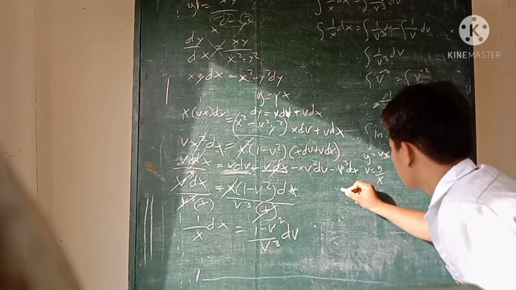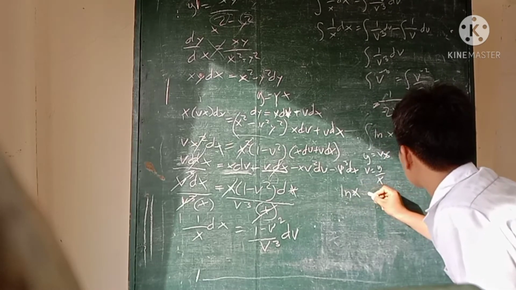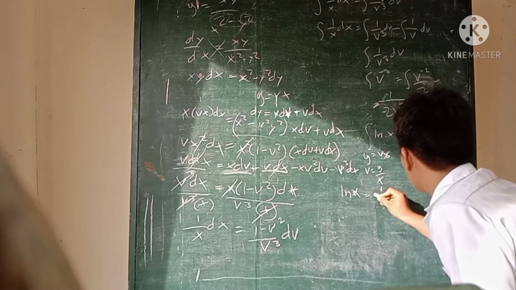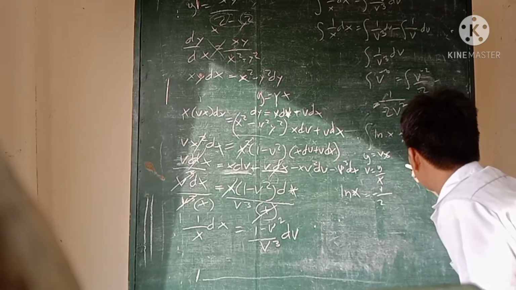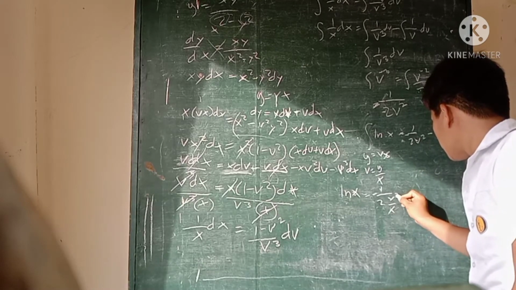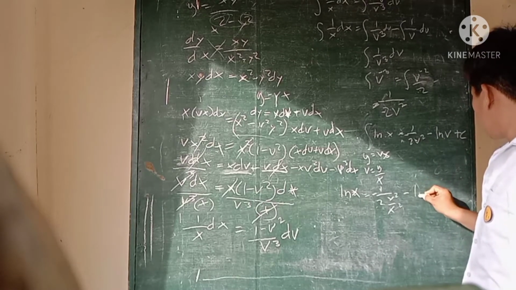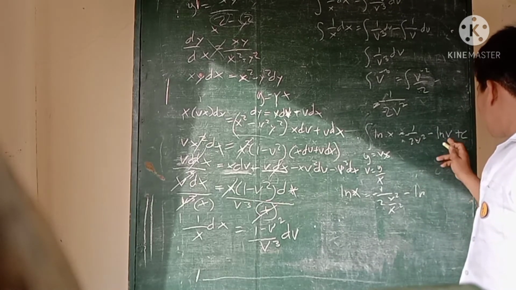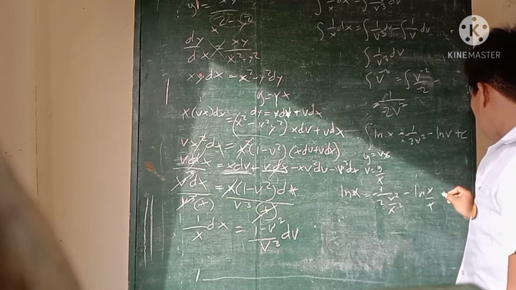So ln x equals negative 1 over 2 times y over x squared, minus ln of y over x, plus c.